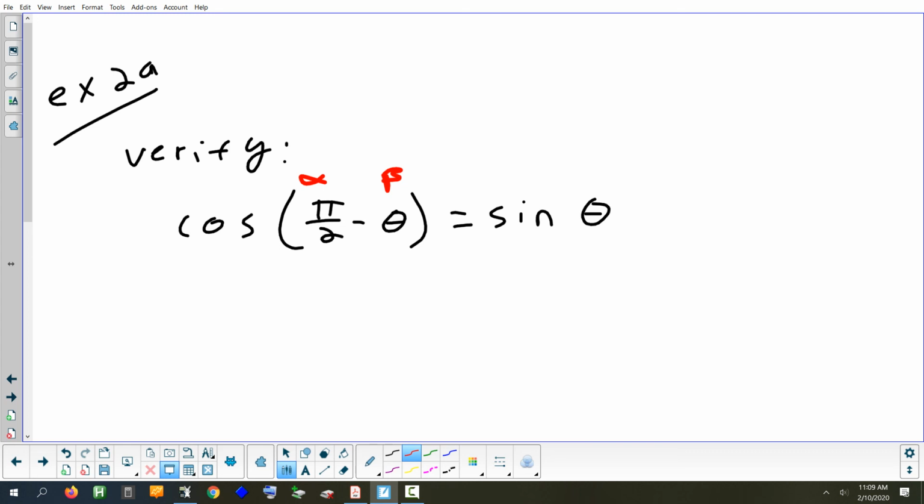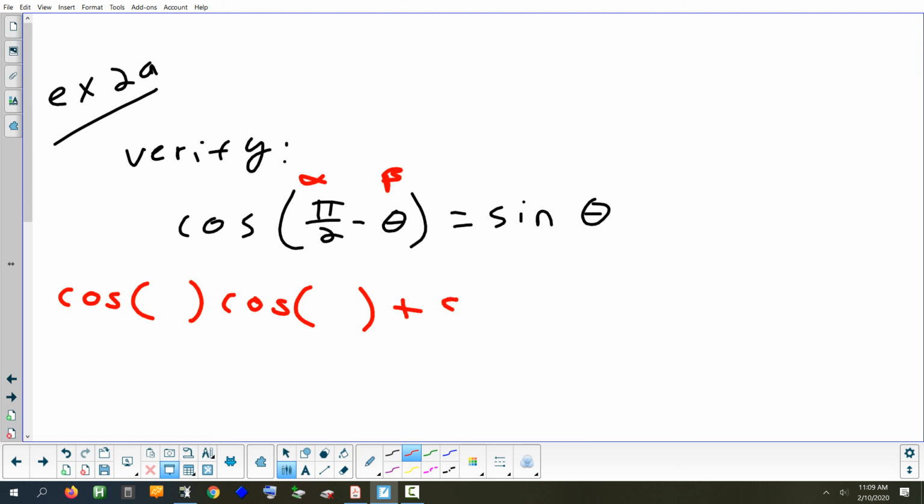What we're going to do is we always work with the side that's more complicated, which in this case is the left. Leave the right-hand side alone. And when we're done working with the left, hopefully we get what's on the right. So it's cosine, cosine, and then was it a plus or a minus?